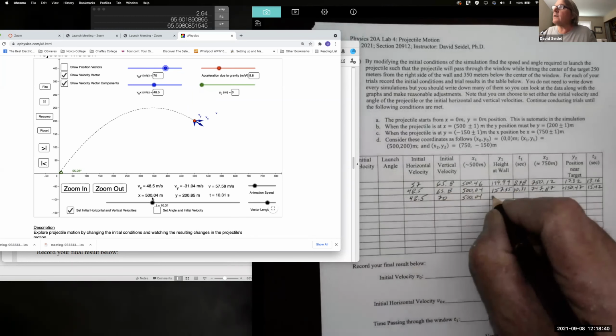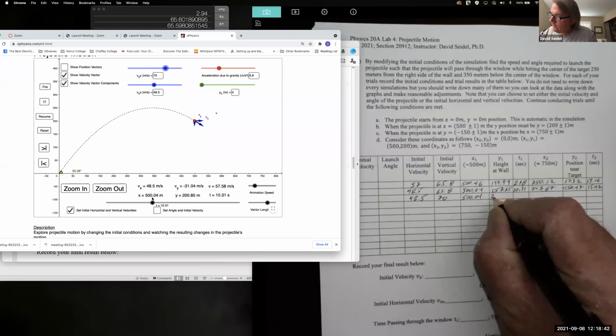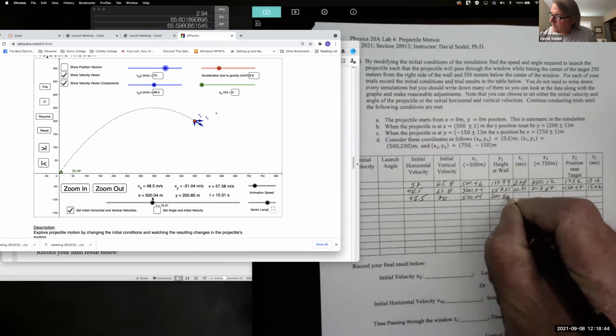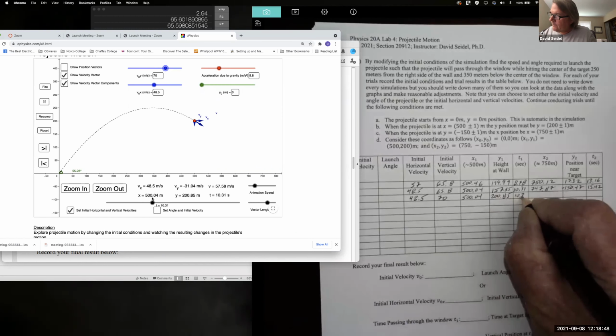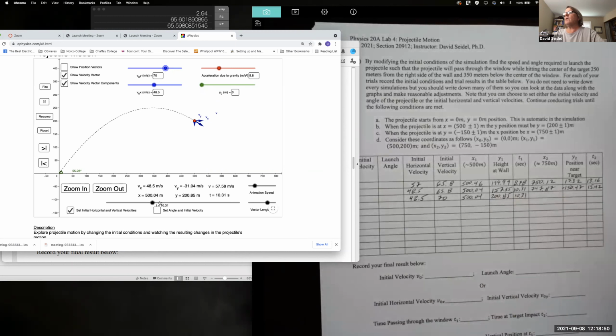Y1 is 200.85. Time is still 10.31. Now I've got to see where it went to at X2 and Y2. Now I know this seems a little tedious. So I'm going to go to where Y2 is, Y is now minus 150 again.